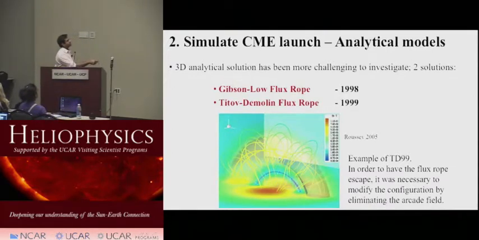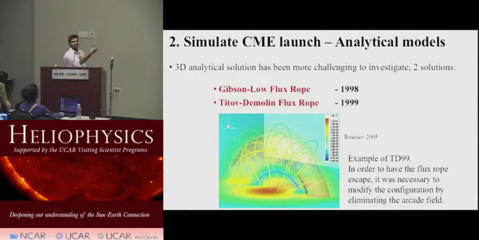This is one example I pulled out just to highlight what these simulations are capable of doing. But as an example, this is a Titov-Demoulin flux rope. And in order, what the researchers found, Ilya Rusev found, was actually in order to get this flux rope to escape and to erupt, it was actually necessary to modify the configuration by eliminating the arcade field.